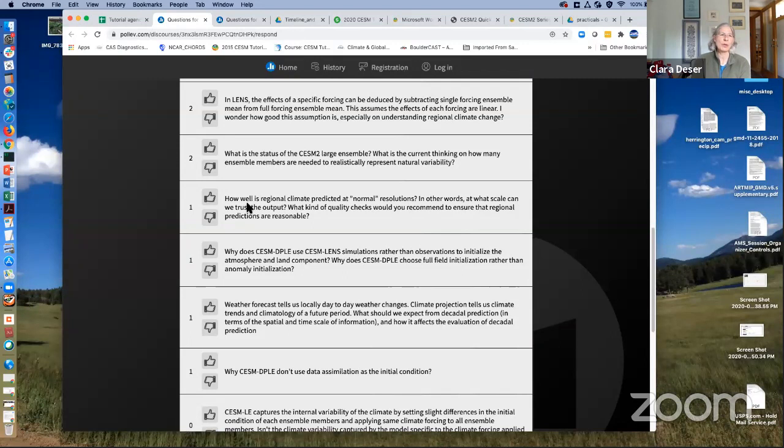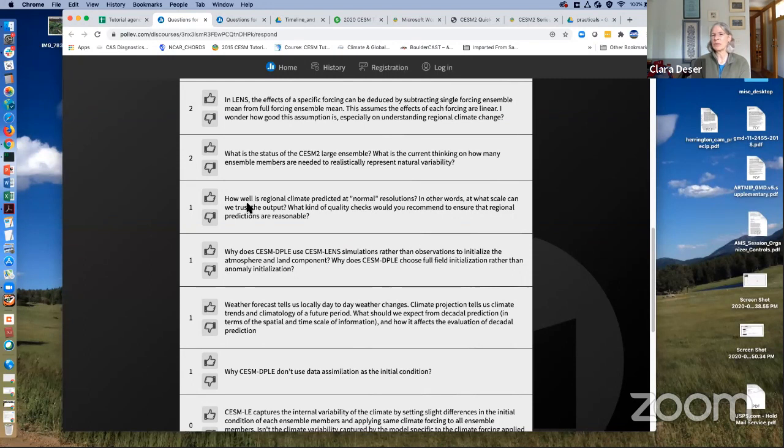So for example, if we withhold the anthropogenic aerosols and run an ensemble and then subtract that from the full all-forcing ensemble, we're actually going to deduce the effect of the aerosols and any possible nonlinear interactions with the other forcing agents.